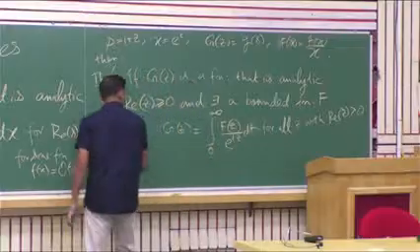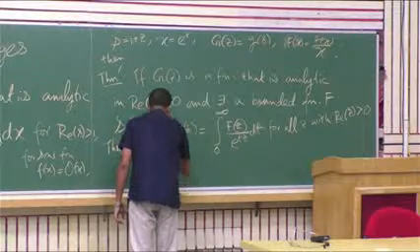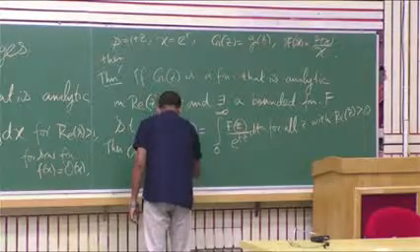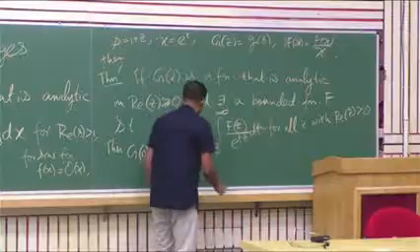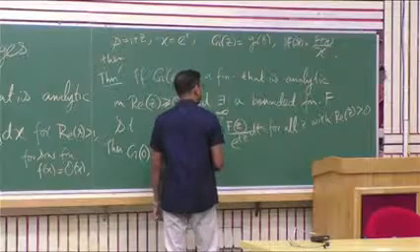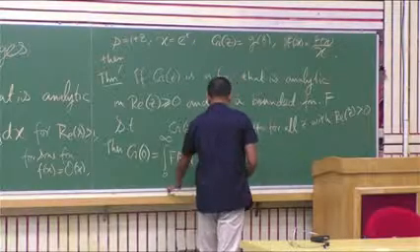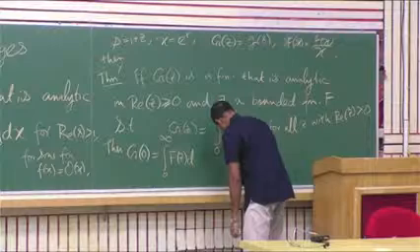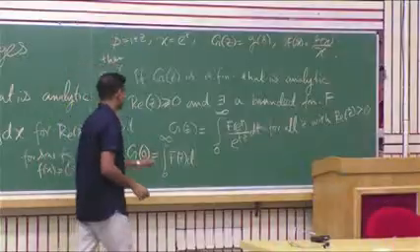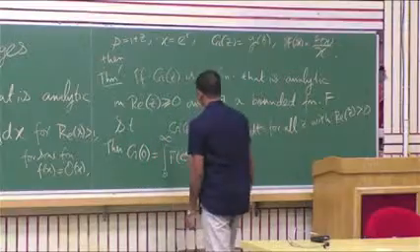Then g(0) is equal to the integral from 0 to infinity of F(e to the power t) dt, because at z equal to 0 the exponential factor is just 1.